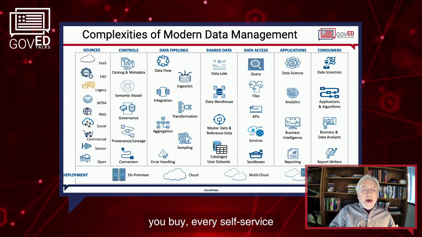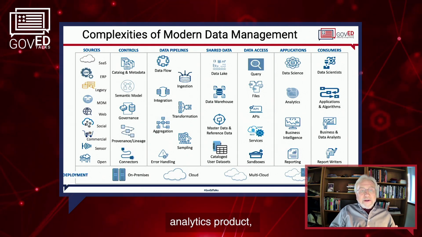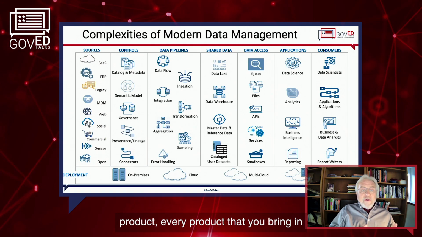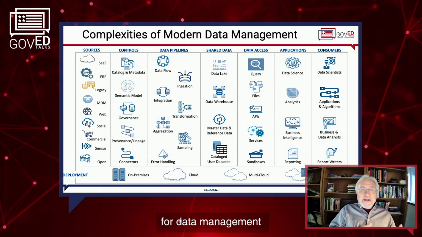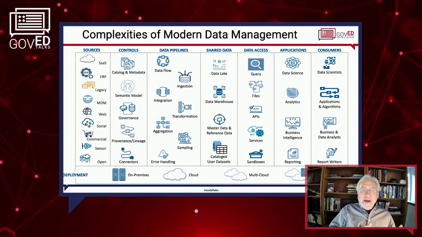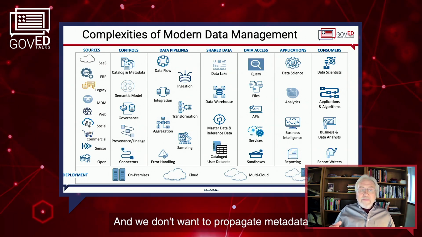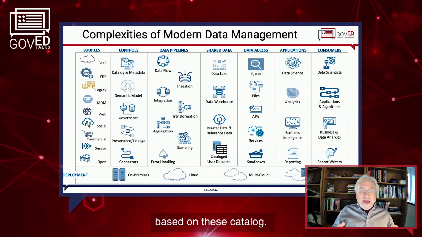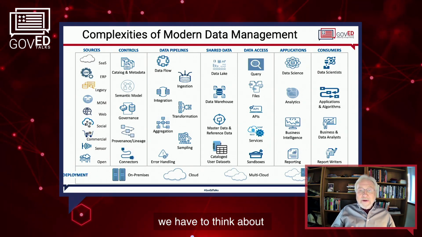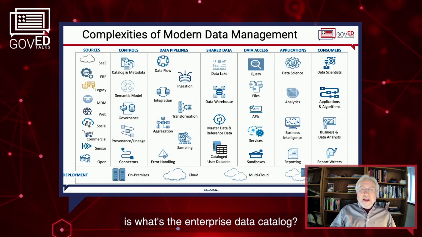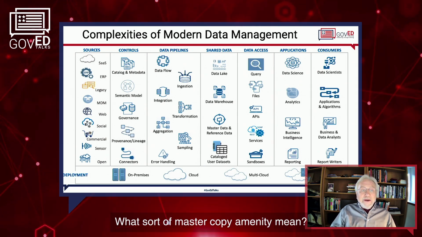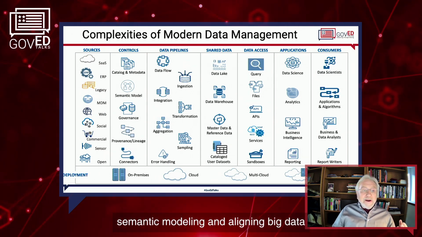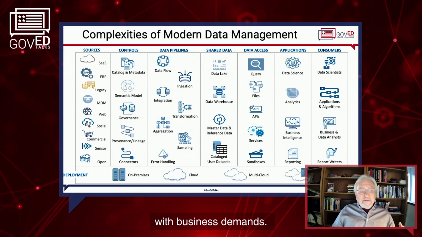Now, every product you buy, every self-service analytics product, every data pipeline product, every product that you bring in for data management tends to have an embedded data catalog. And we don't want to propagate metadata in lots of different places and have proprietary metadata based on these catalogs. So one of the things we have to think about is, what's the enterprise data catalog? What's sort of the master copy of metadata? And then we've got all these other issues around semantic modeling and aligning big data with business semantics.